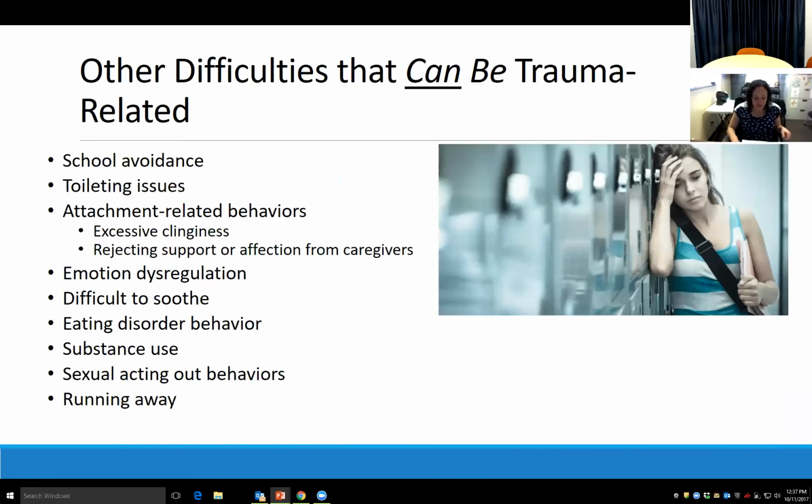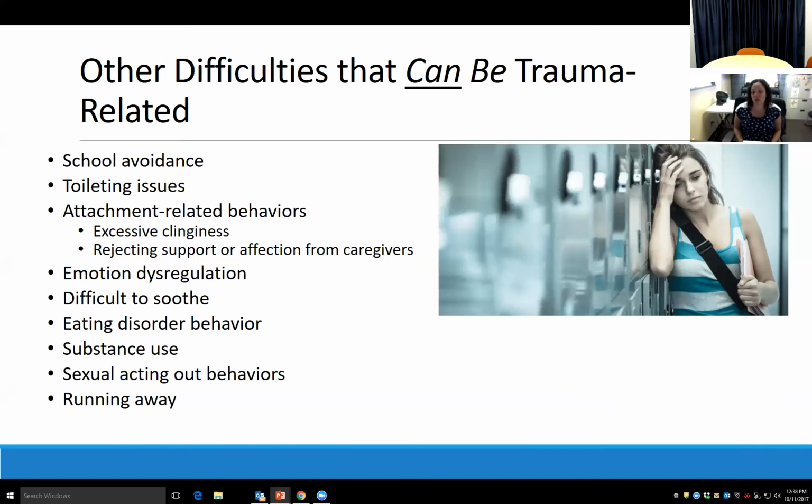So some other difficulties that can be trauma related, and I emphasize can because most of these can happen even in individuals who have not experienced trauma. But in individuals who have, we might see school avoidance, toileting issues, attachment-related behaviors like clinginess or rejection of affection, that general emotion dysregulation. So I just have really strong reactions to things.